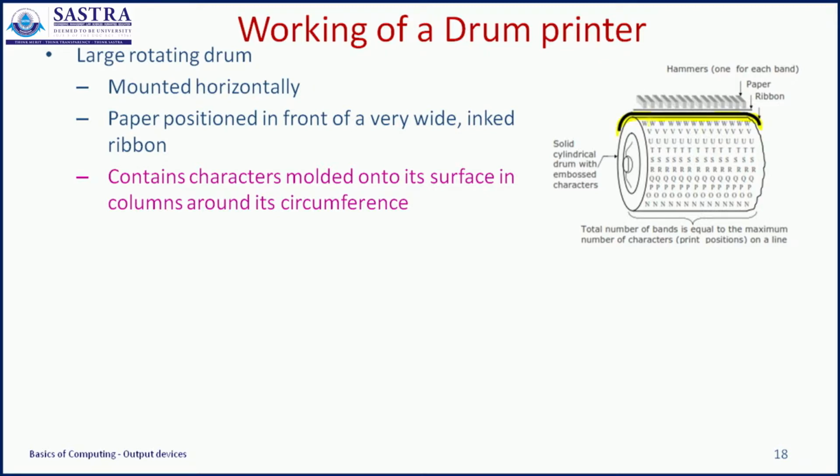For example, we have W, X, C, and N, O, P, Q, R, S, T. All these are there around the column. Each column contains a complete set of characters.